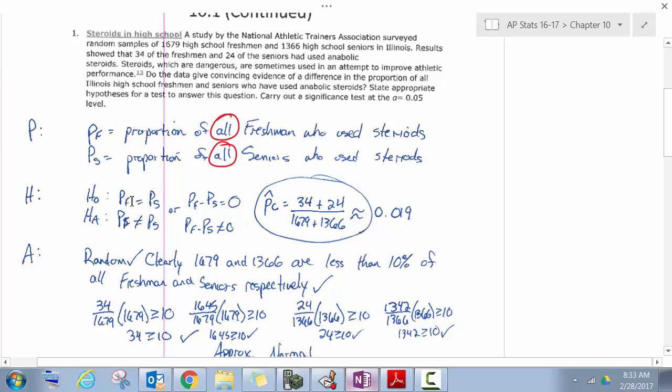So our null is that they're equal, or that P sub F minus P sub S equals 0, which is the same thing. The alternate hypothesis is that they're not equal, and their difference would not be equal to 0.